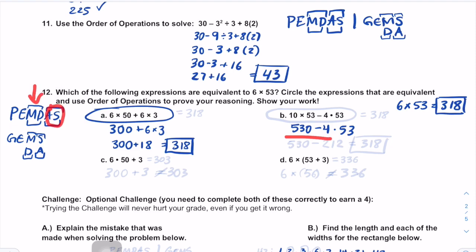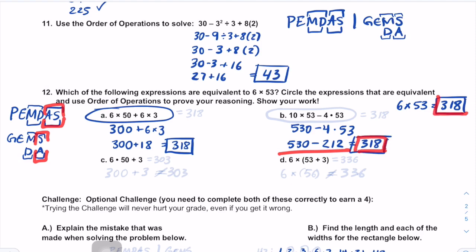So I'm going to go ahead and multiply 4 times 53. 4 times 53 does equal 212. When I rewrite this, 530 minus 212 is the last step, and it's subtraction. It's at the very end of PEMDAS and GEMS, and this simply gives us 318.